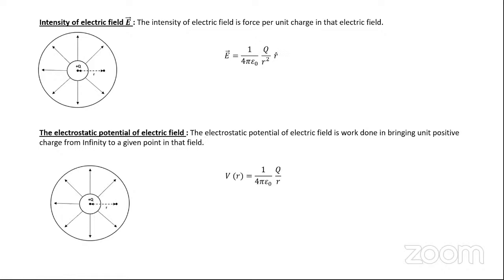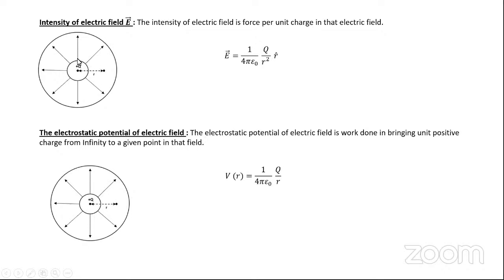So 1 coulomb is nothing but the unit charge, right? So the formula for intensity of electric field becomes 1 upon 4 pi epsilon 0 Q divided by R square, and the direction is specified by the direction of the radius vector. These arrows are the direction of the electric field, and of course you will have some idea about the electric flux also.